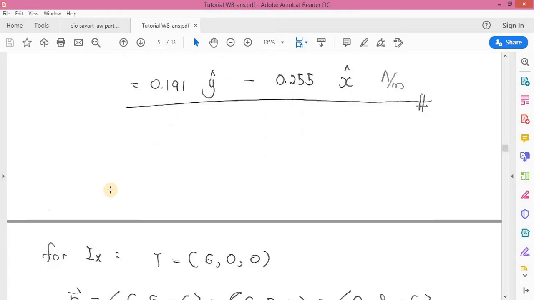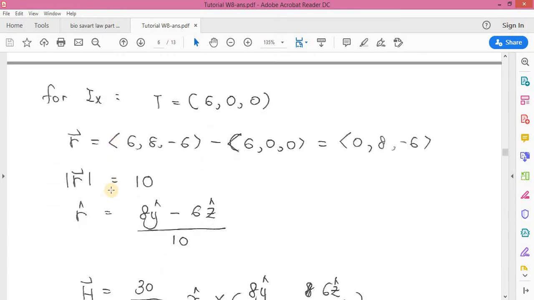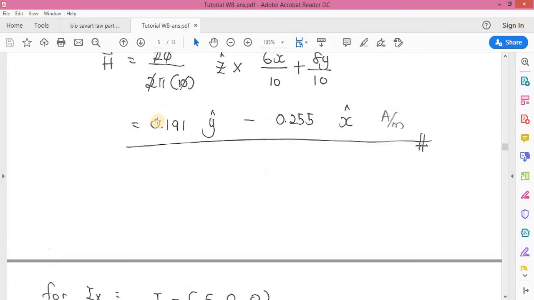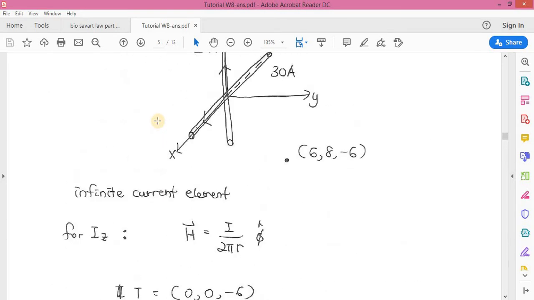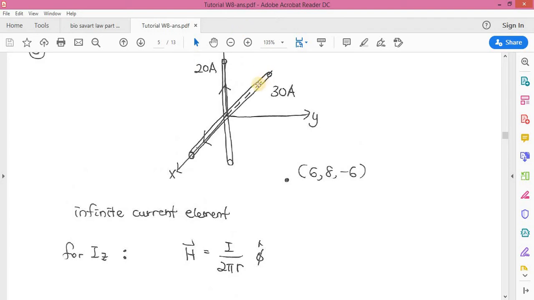Next, we move on to the current filament in the X direction. In the X direction, again we will use the same equation, but here we need to determine a new T. So let's look at our I in the X direction. The T point will be located along this line, but you are not sure which point.